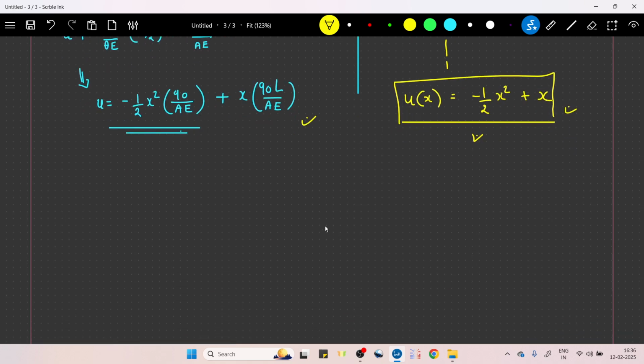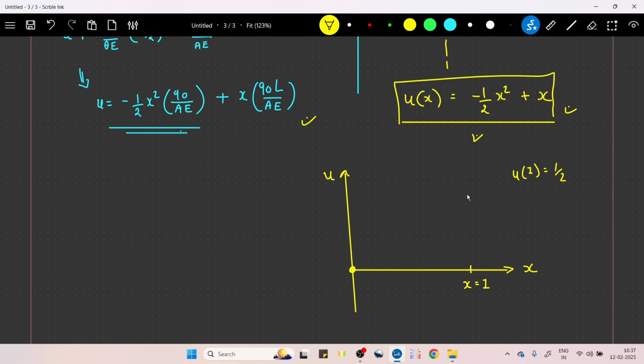So let's plot the solution. This is my x, this is u. x is the length of the rod, which we have assumed to be 1, unit length. If I say x equal to 0, displacement is 0. So this is one point. If I put x equal to 1, u at 1 is equal to minus 1 by 2 plus 1, which is nothing but 1 by 2.